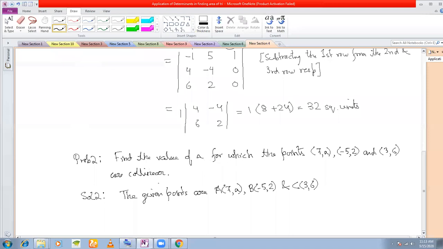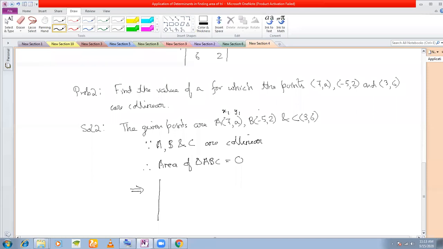So that means the determinant of this, taking these as x1 y1, x2 y2, x3 y3: 7 a 1, -5 2 1, 3 6 1. This determinant is equal to 0.